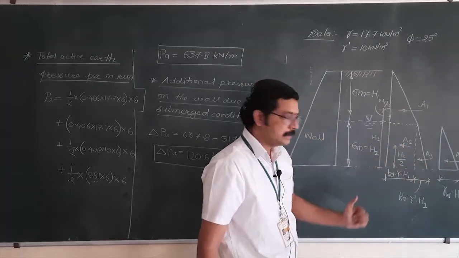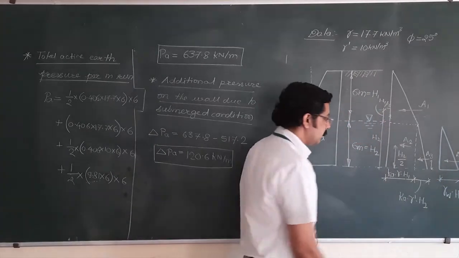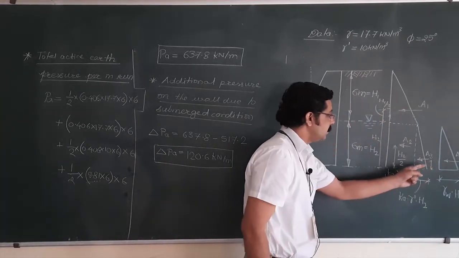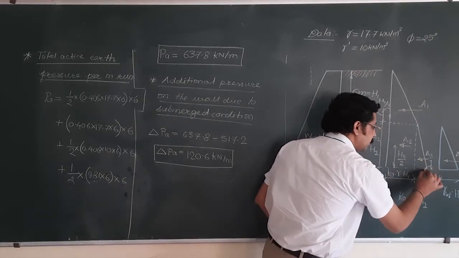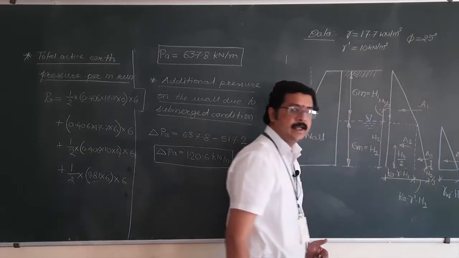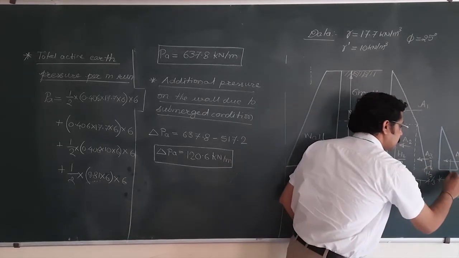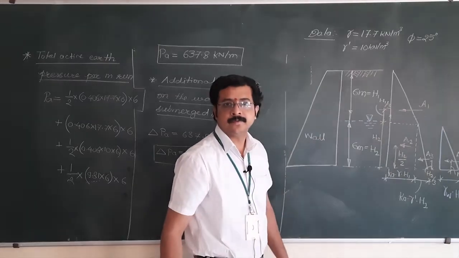Similarly, for A3 we have to find this moment arm. Moment arm is nothing but the distance of this CG with respect to the base. It comes out to be h2 by 3, and we get the same height for the last triangle.